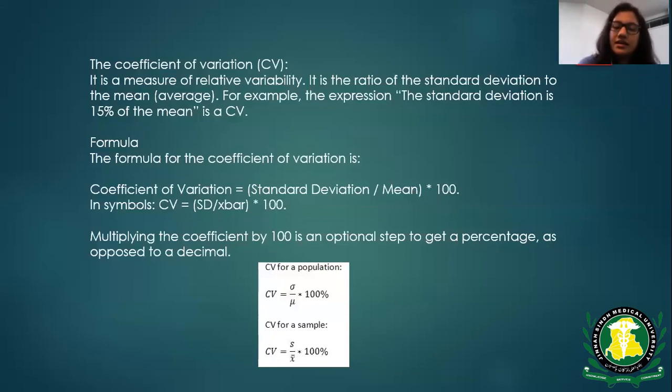The first CV is for the population: sigma divided by mu, the mean of the data that was available, times 100 as a percentage. Okay, so the coefficient of variation is a very simple formula.